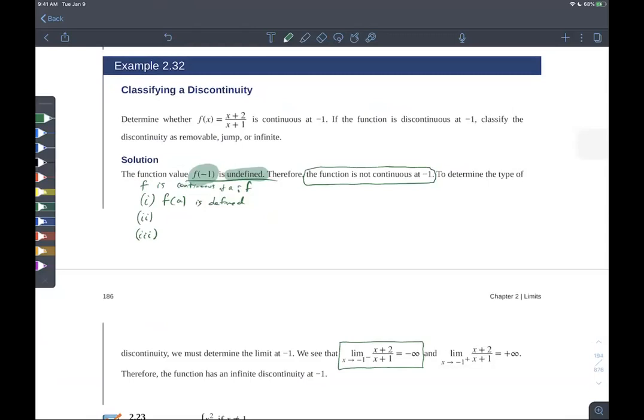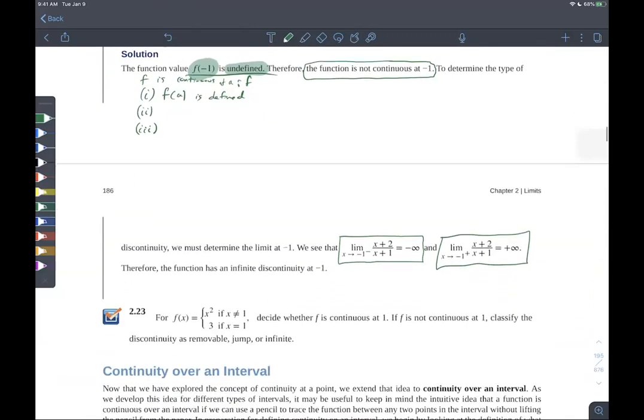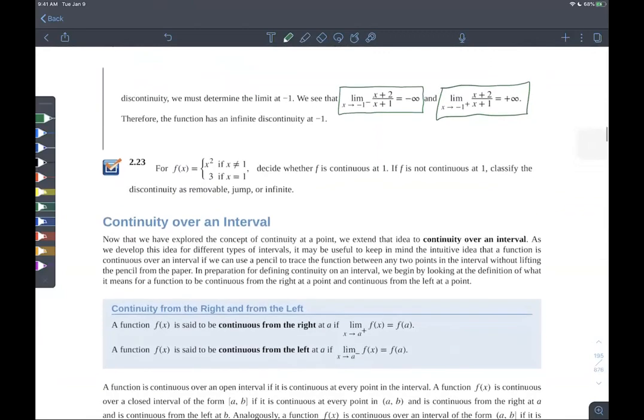Now, to see this, we could take a look at a table of values, right? That's one way to do it. And then the limit from the right-hand side is positive infinity. And so therefore the function has an infinite discontinuity at -1. Okay. All right, very nice.